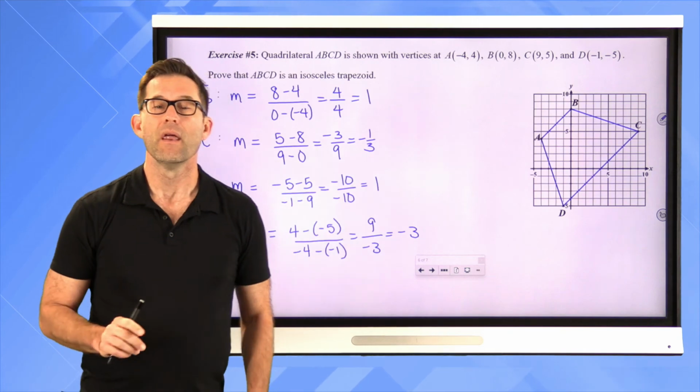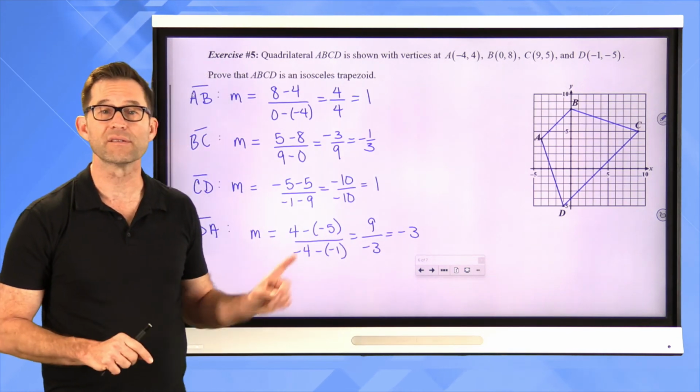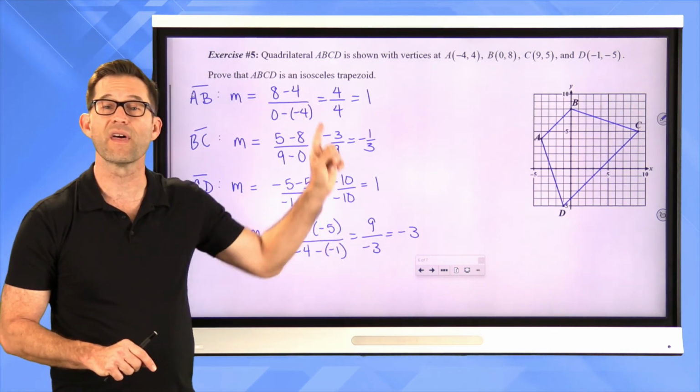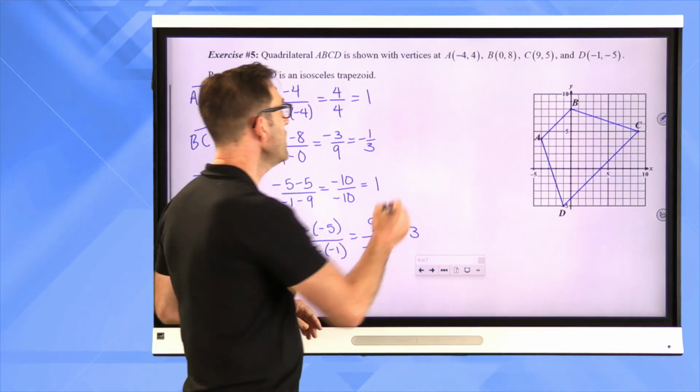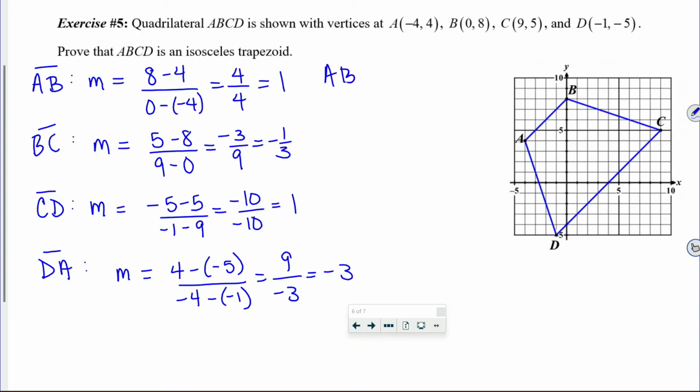Okay. Now, what's important about this, obviously, is that you see two segments that have the same slope. So immediately I can say that AB must be parallel to CD because slopes are equal.